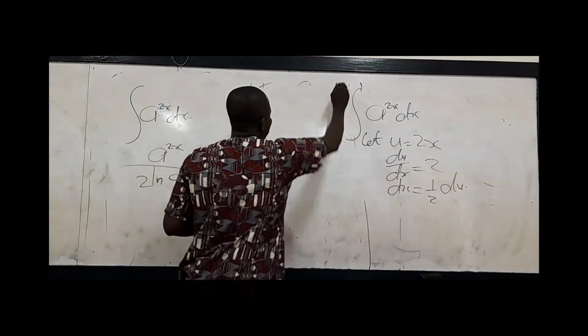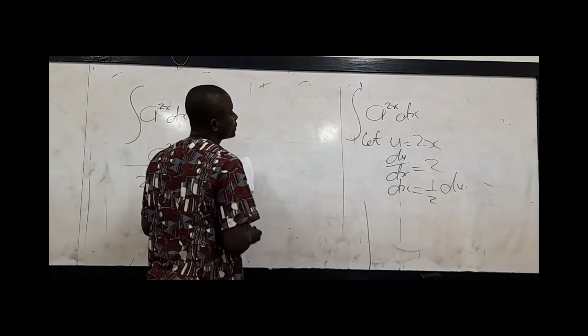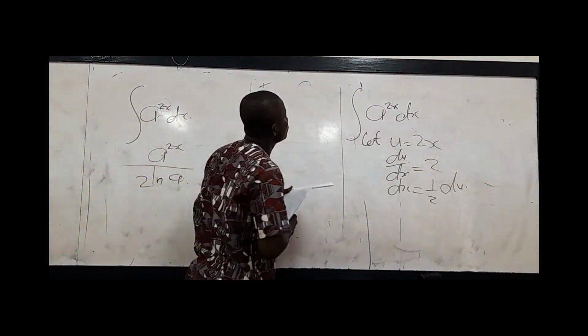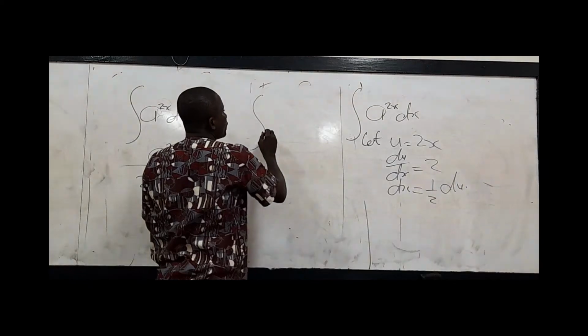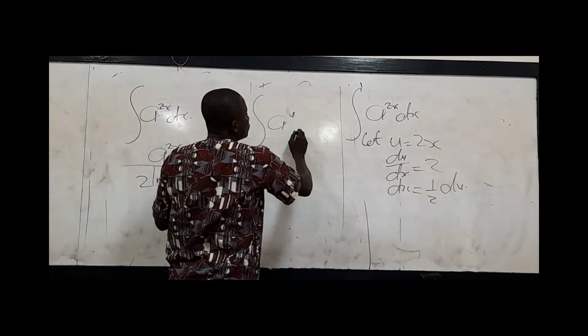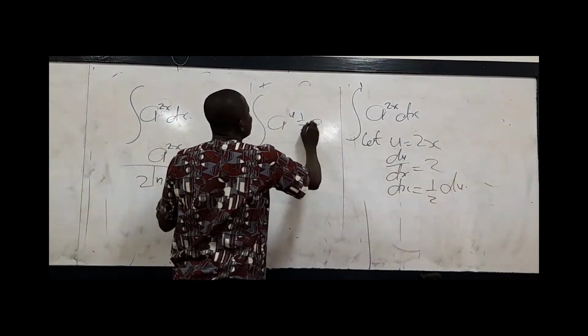So when I come here, I'm going to have the integral of a^u times 1/2 du.